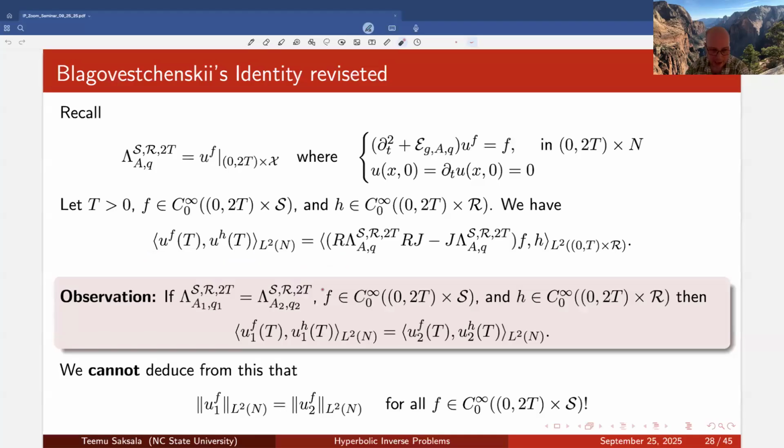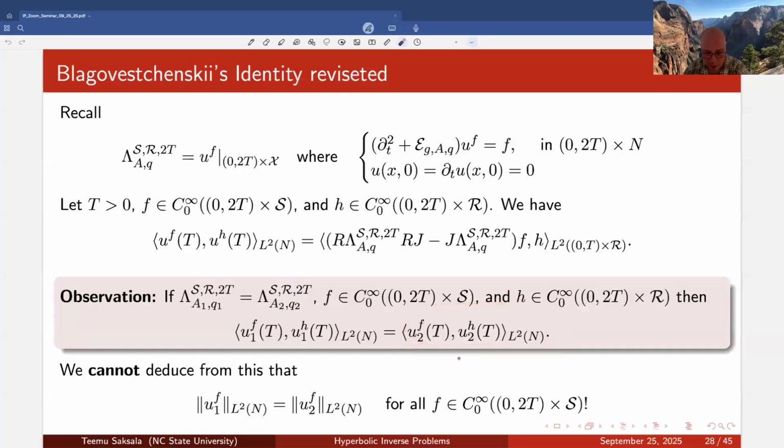So what do I have here? If my source-to-solution operators are the same, then the inner product of all these waves, where one is sent from S and the other is sent from R, equals their siblings.